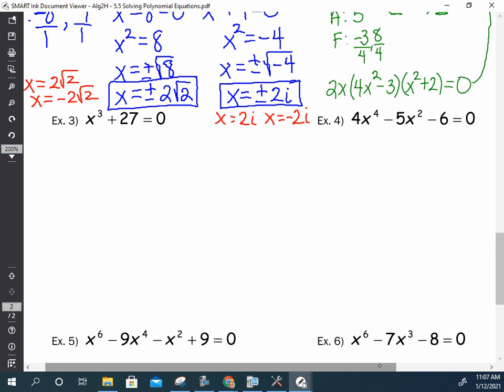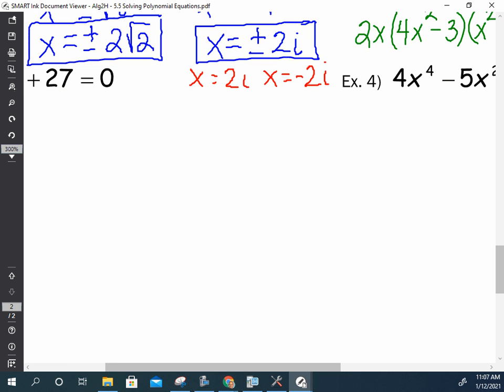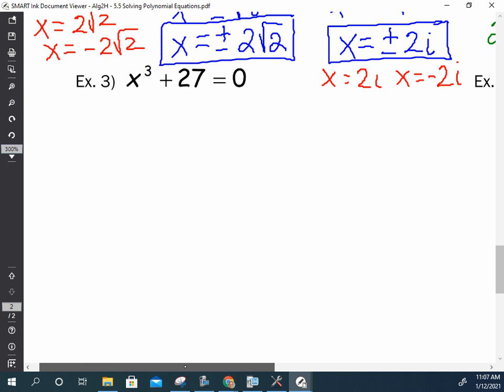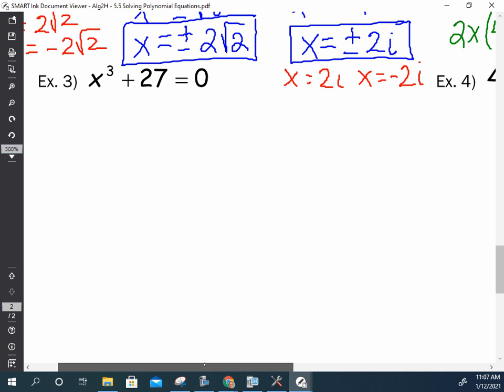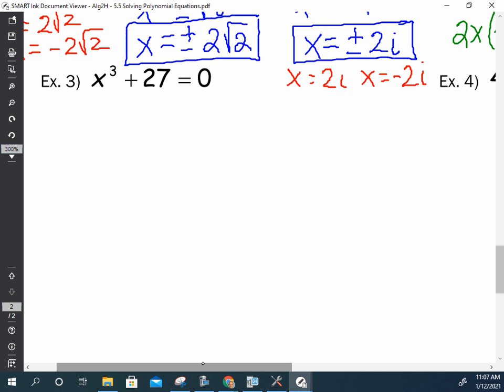All right, example 3. I want to give myself some more room with this one. So example 3. X to the third power plus 27 equals 0.